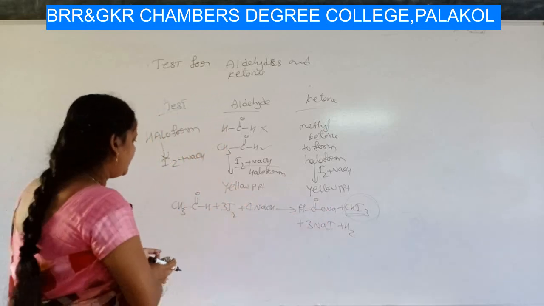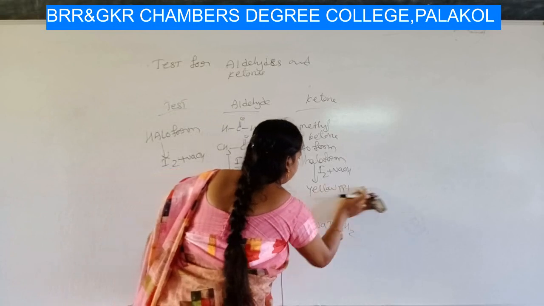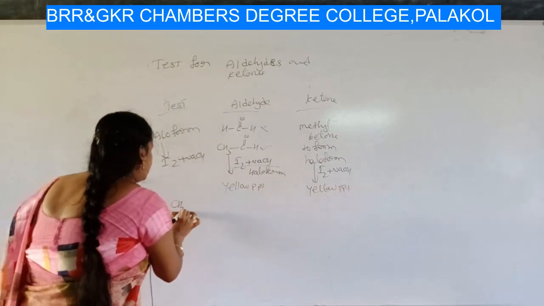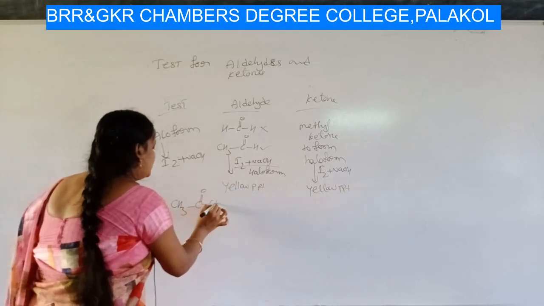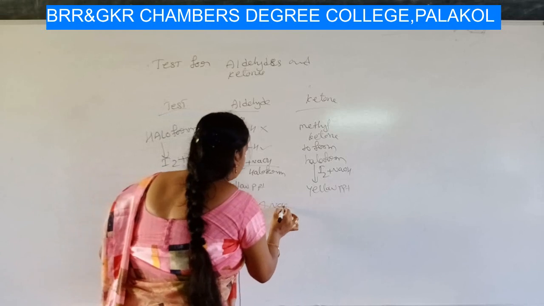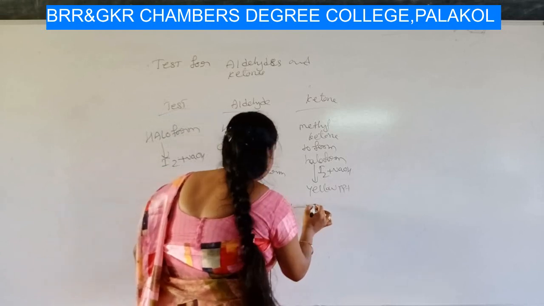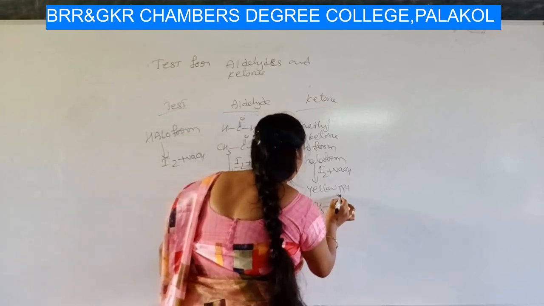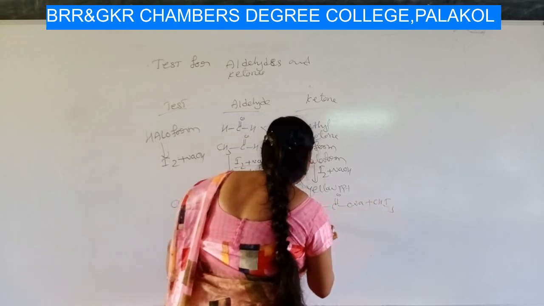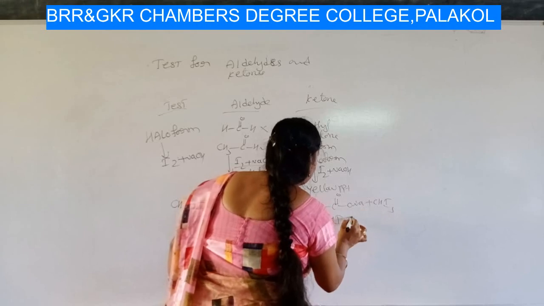If you do the same equation with ketone, CH3COCH3 plus 3 moles of iodine plus 4 moles of NaOH gives rise to CH3COONa plus CHI3 plus 3NaI plus water.